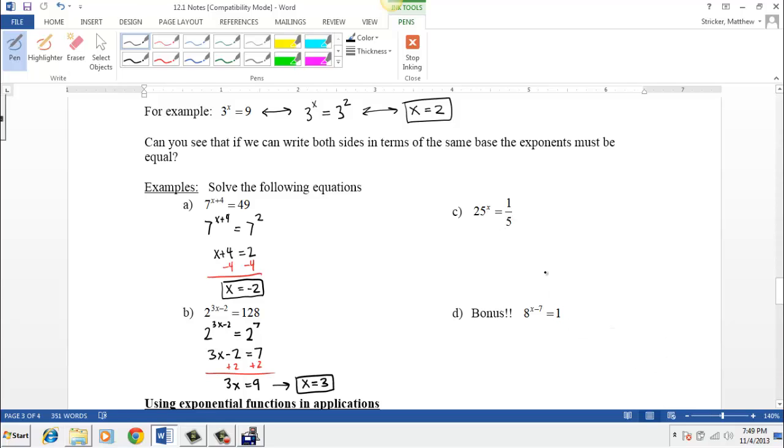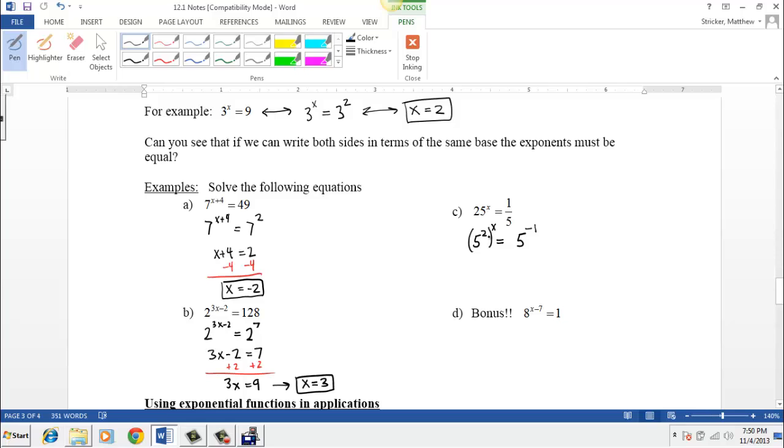Well, hopefully you can notice that they can both be written as 5 to some power, because 25 is 5 squared, and of course that's still raised to the x power, and 1/5 is 5 to the negative 1 power. Negative exponents cause the fraction to flip over.